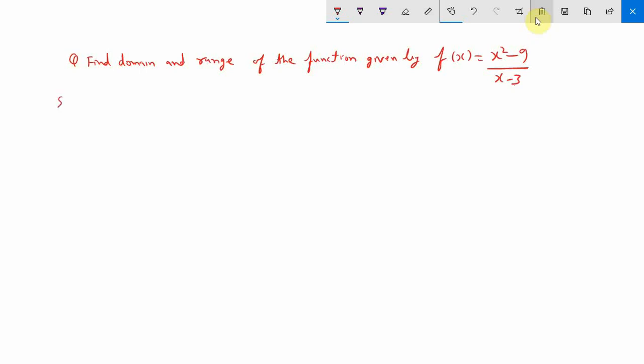Okay, so clearly we can see, in order to find domain, x should not be equal to 3. So how to calculate domain of f?